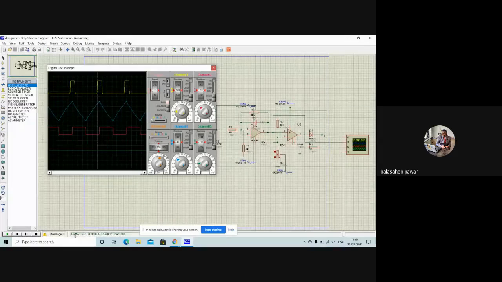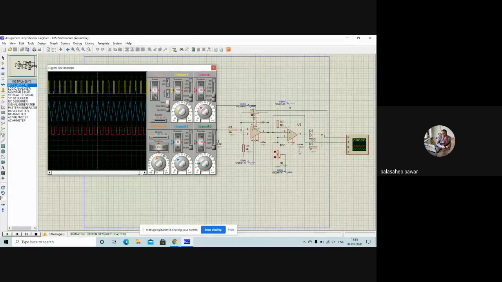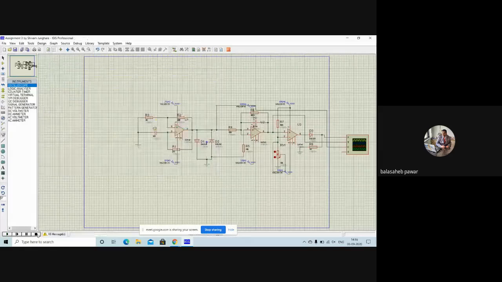How much width are you getting for this output pulse width on period? It is almost 0.2, and the multiplier is how much, your time per division? It's one, sir, 0.2 millisecond. Very nice. Just stop it and scroll to the last stage.